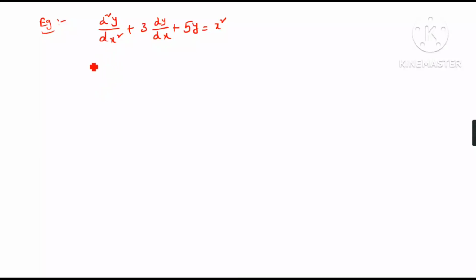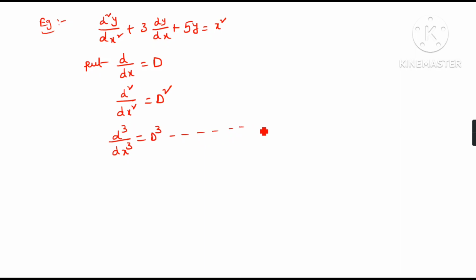To solve this differential equation, we put d by dx equals capital D. Here the independent variable is x. So the derivative d by dx equals D. This is the first derivative. In the same way, d square by dx square you consider as D square, and d cube by dx cube as D cube, and so on.